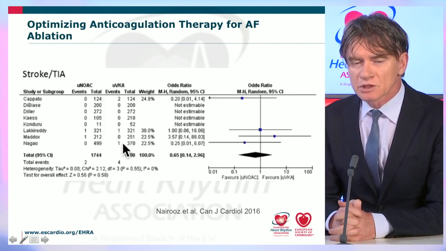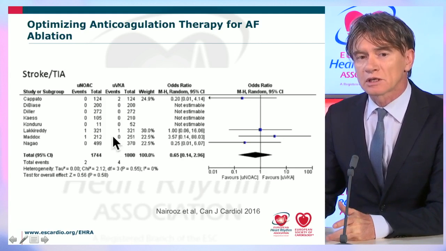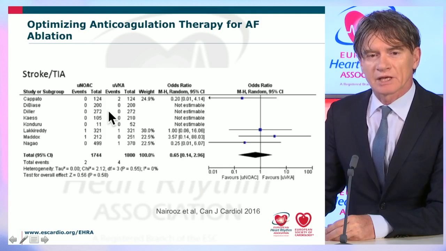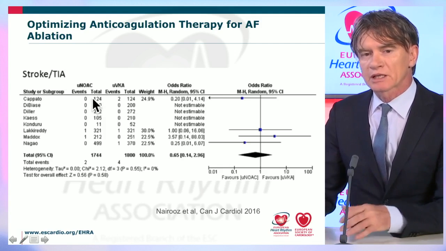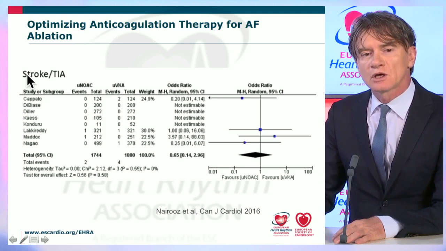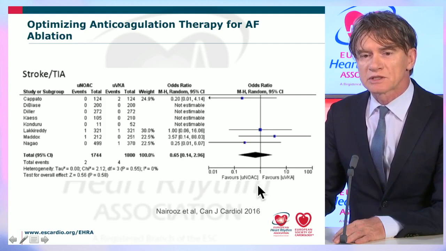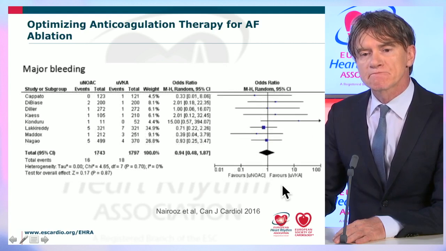Please appreciate that most of these data do rely on historical controls and retrospective analysis. There is only one study, the first one, in which a prospective randomized comparison is made available. If we focus on stroke and TIA as a primary outcome event, there were essentially no differences in patients receiving novel oral anticoagulants versus VKA.